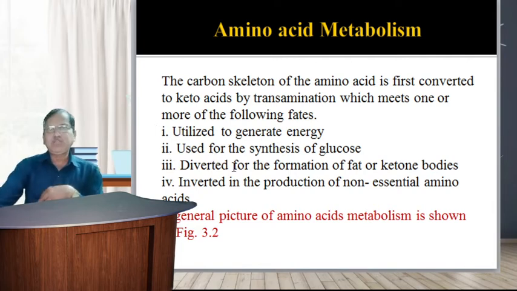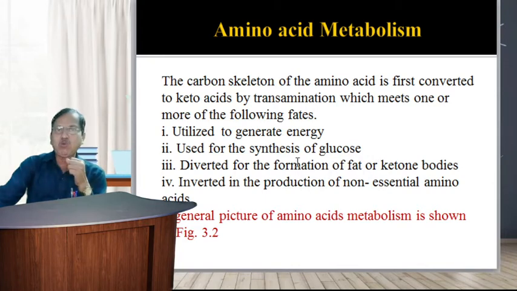Second, it is used for the synthesis of glucose. Third, it is diverted for the formation of fat or ketone bodies. Fourth, it is used in the production of non-essential amino acids. These four stages, the general picture of amino acid metabolism, are shown in figure 3.2.